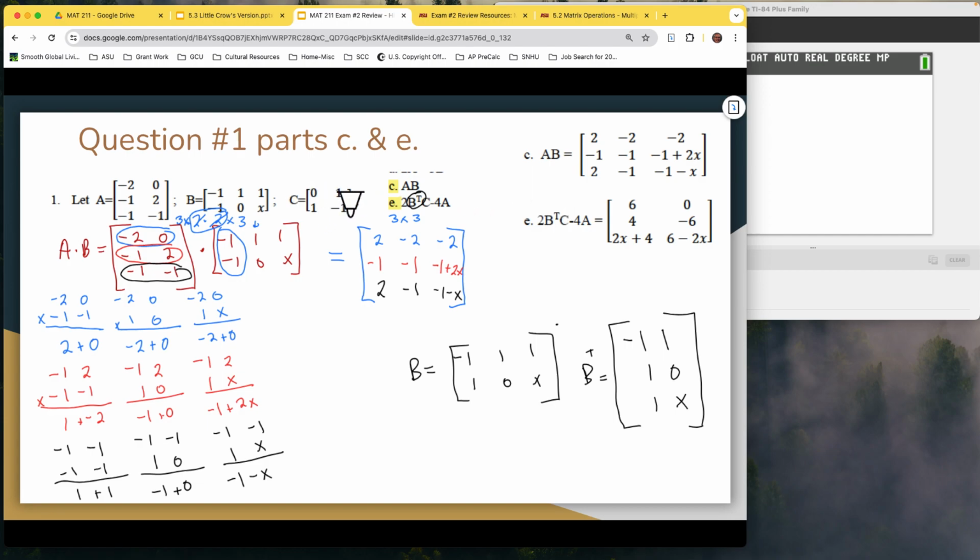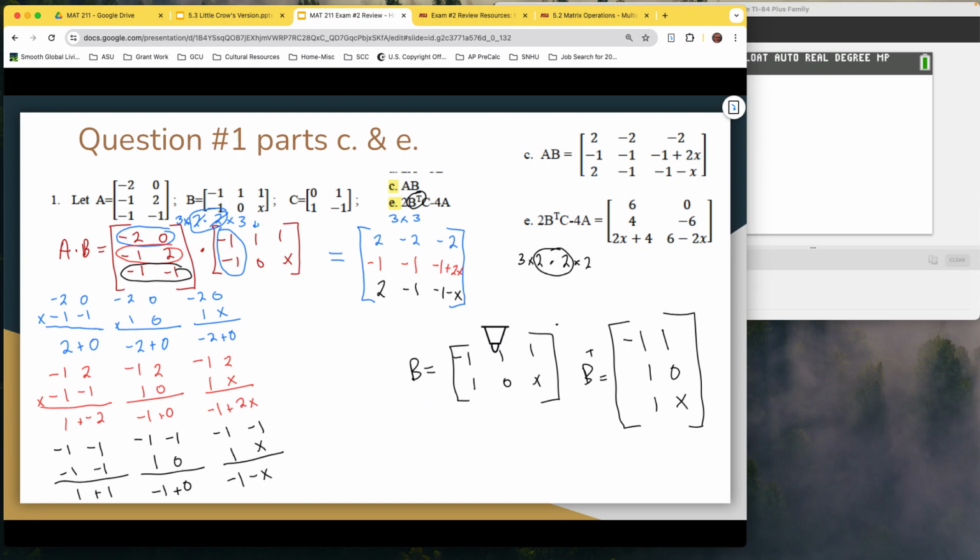If we didn't do the transform, we wouldn't have been able to do this multiplication because of the shape. C is a 2 by 2. So for B to multiply by C, I need this to be a 3 by 2, not a 2 by 3. We just emphasized that this transform becomes a 3 by 2. We can now multiply by a 2 by 2 because the middle dimensions, when they're put together, are the same.